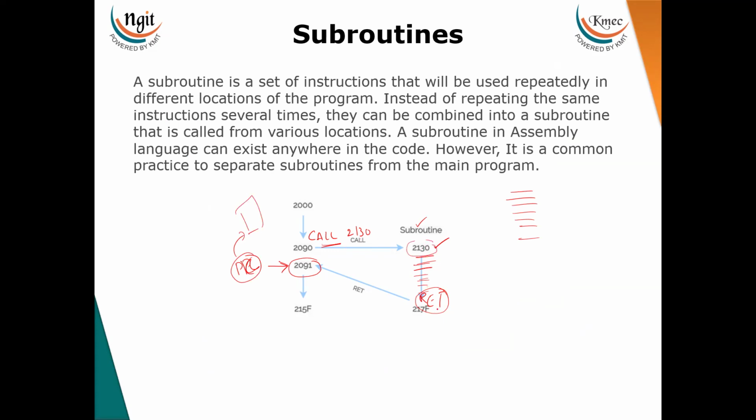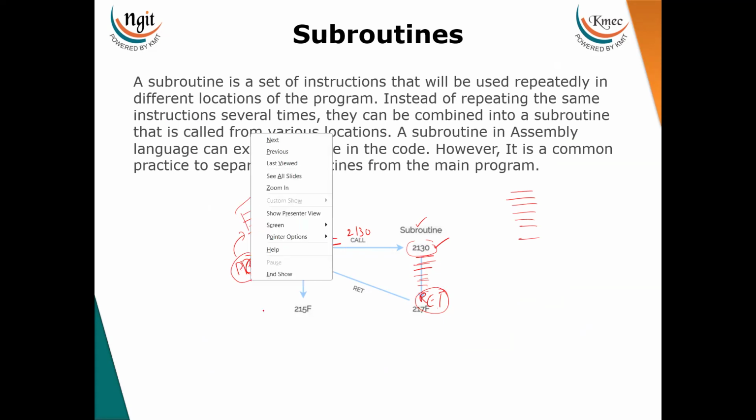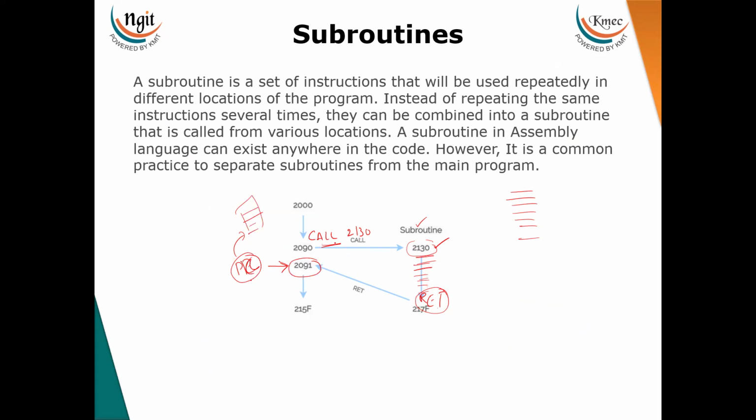When the return instruction is executed, again it will go back to the stack, and whatever address is stored, that address is again stored onto the PC. So if the call instruction is executed, automatically to save the PC value, the processor is using the push and pop instructions internally.